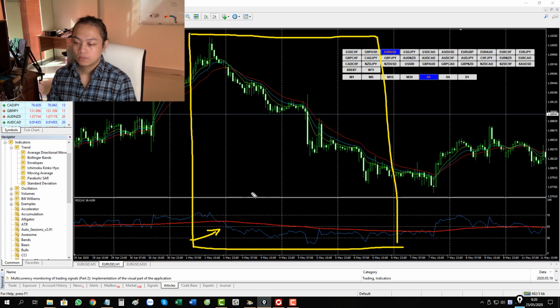At this moment, the RSI is pretty close to the 50 level and it meets all three criteria, so it's a perfect entry for a sell setup. And as you can see, not too long after that, we can see a profit from the trade already. So that is one example of using the RSI 50 level combined with the moving average in the same window to increase the efficiency of the 50 level.